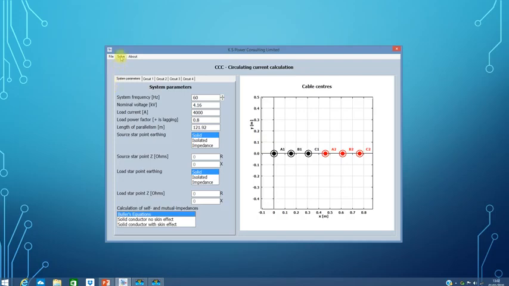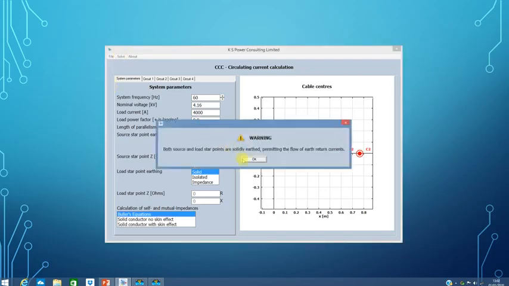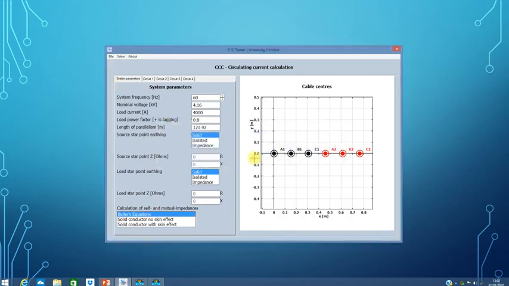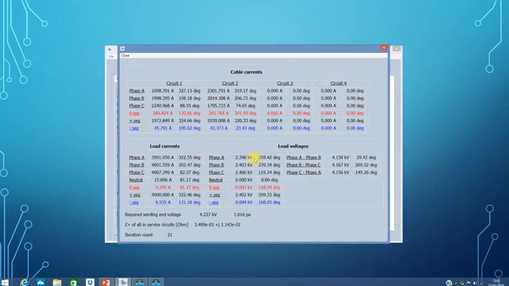Now, if we just run this simple case once more, we're getting the warning that both the star point of the source and the neutral are earthed, and we can see that we have a zero sequence component of current flowing at the load.